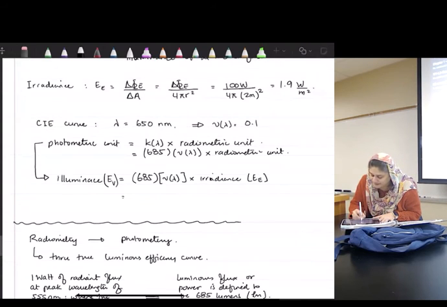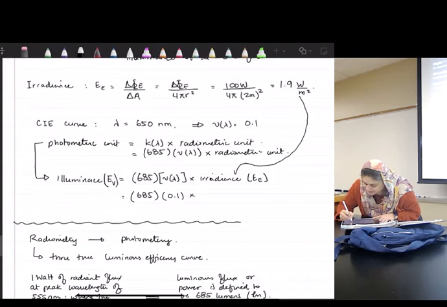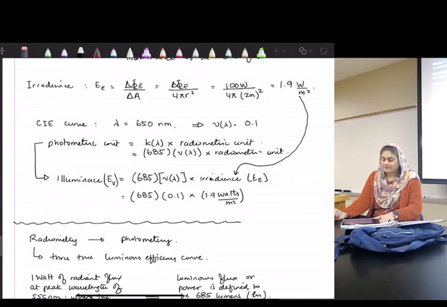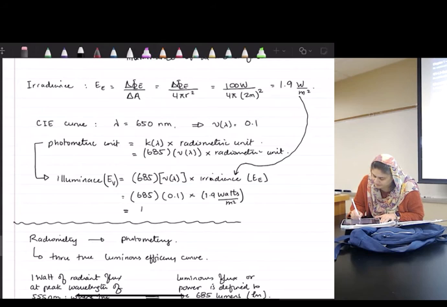So then I can write 685 times 0.1 times what was the value for irradiance? 1.9 watts per meter squared. 130.15. 130 what? 0.15. Oh.